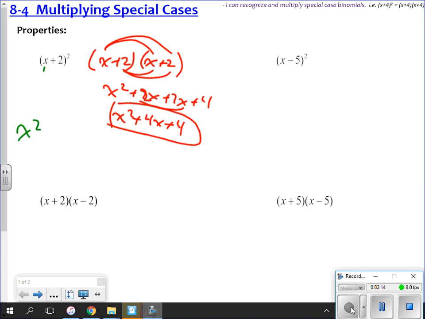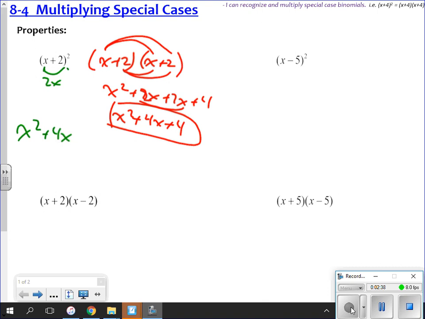Step number 2, multiply the 2 terms: x times 2 is 2x, and then double it, so 2 times 2x gives me 4x.